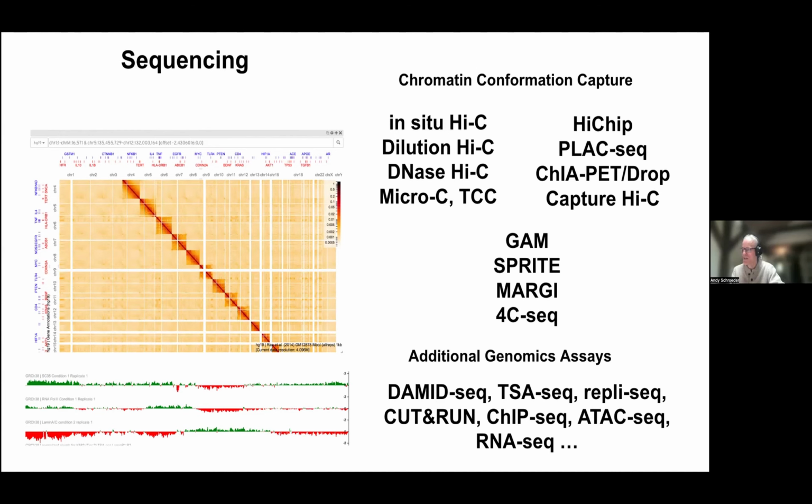So DamID-seq is good for lamin, centromere, and nucleolar distances, same for TSA-seq. Things that look at binding of protein on the DNA, CUT&RUN and ChIP-seq. And then we even have some RNA-seq data sets for expression of genes, as well as open chromatin as ATAC-seq. So we have many different types of genomics data sets.